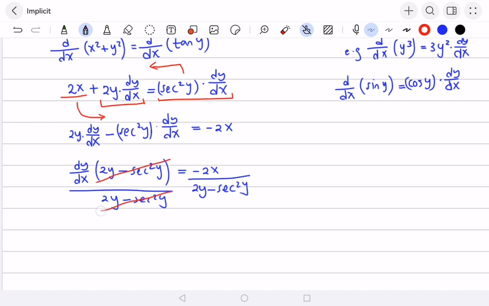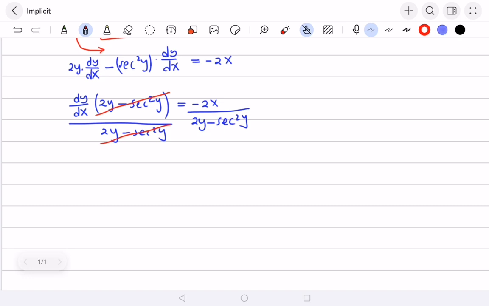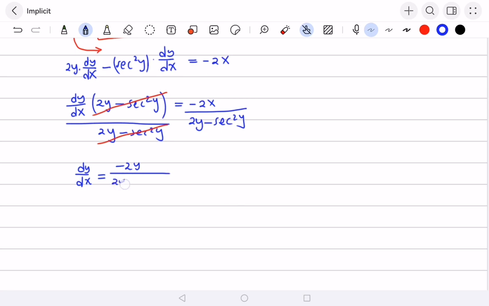Then this will cancel that one. Then the final step is dy over dx equals minus 2x over 2y minus sec squared y, and you are done. You have officially and finally found dy over dx.